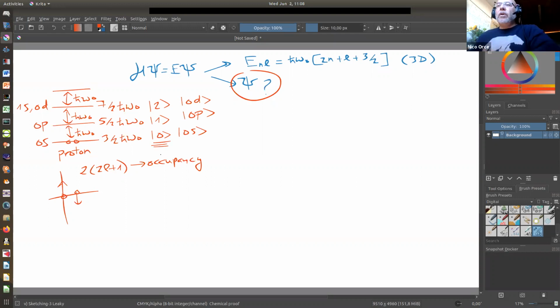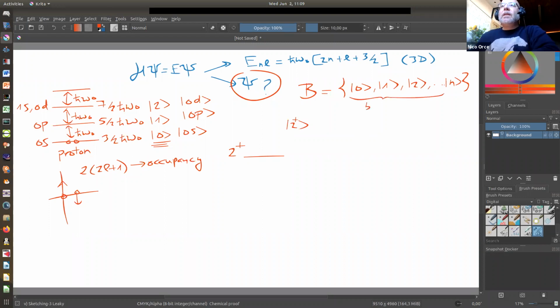And we're going to bring all quantum mechanics here, in that we have a basis, a set of states, which are our basis states, and these are going to be these 0, 1, 2, whatever n, right? And any nuclear state, for instance, a 2+ state, can be described as a linear combination. Well, let's call it 2+, so we don't confuse it with the basis states. These are our basis states, right?